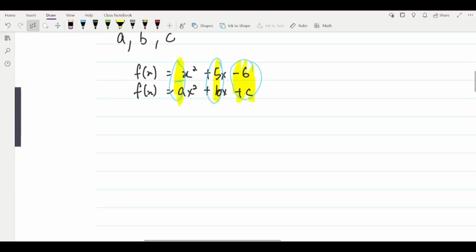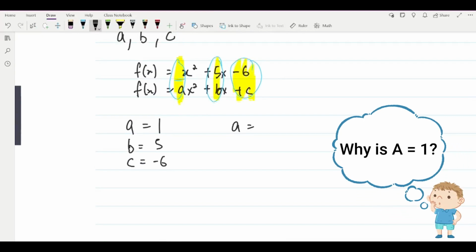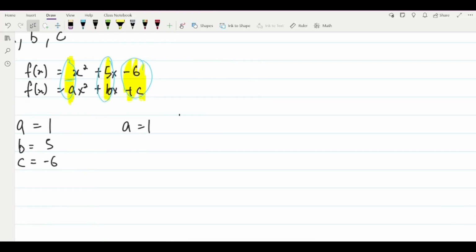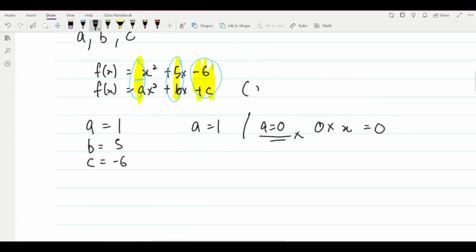So for the A value will be 1, B value will be 5, C value will be negative 6. So why A is equal to 1? Because if A is 0, 0 times everything will be equal to 0. So A cannot be 0.